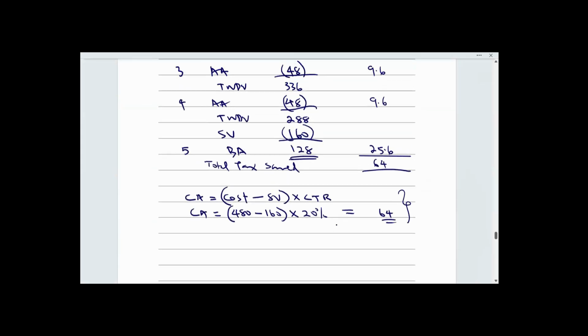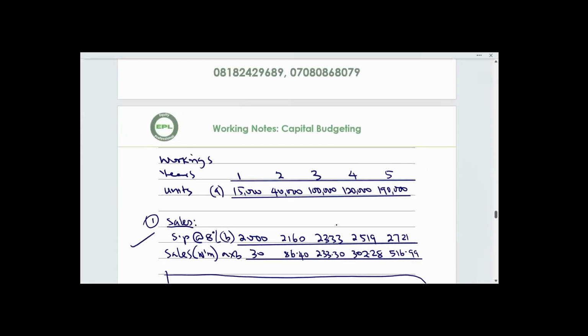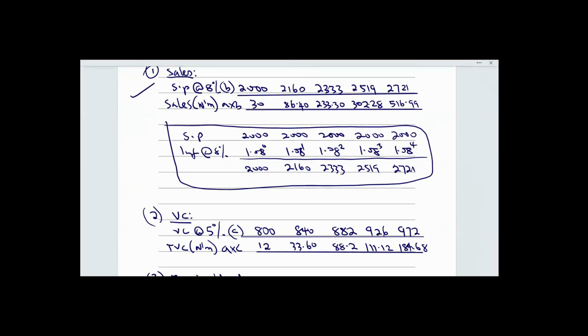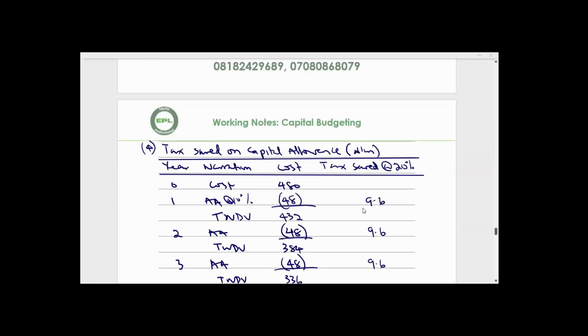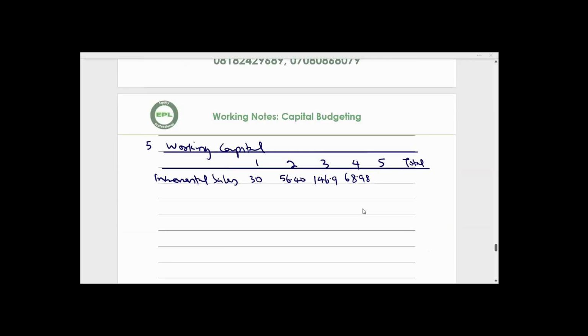In year 5, sales has increased to 516.99. So I would then say 516.99 minus 302.28 equals 214.71. So these are incremental sales, but this is not what you are looking for.